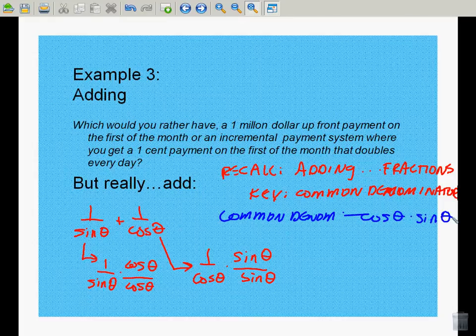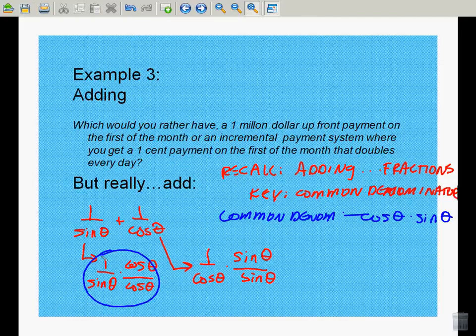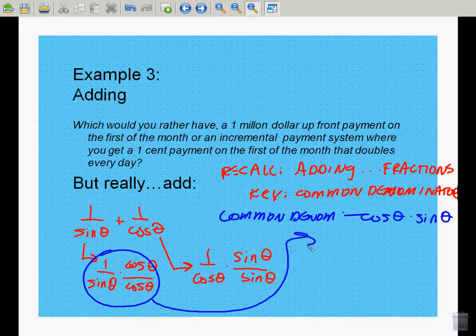And so when I add these, really what I'm adding is 1 times cosine theta. So it's cosine theta over sine theta, cosine theta.